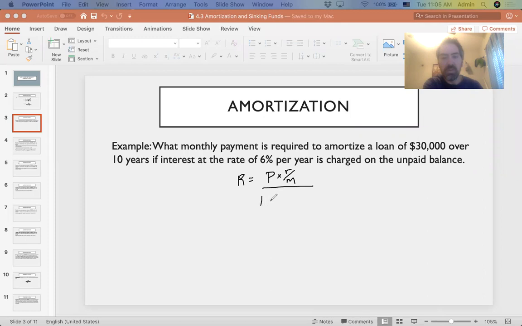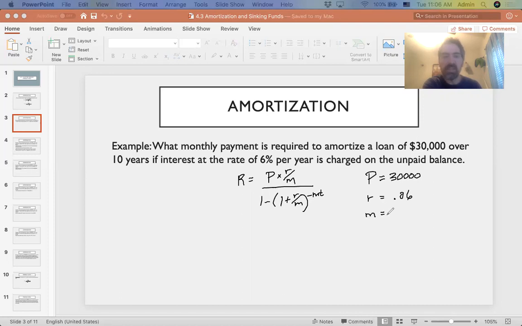So using this formula, we can identify our variables and then plug in those numbers. P is the loan amount, that's $30,000 in this case. R is the interest rate of 6%.